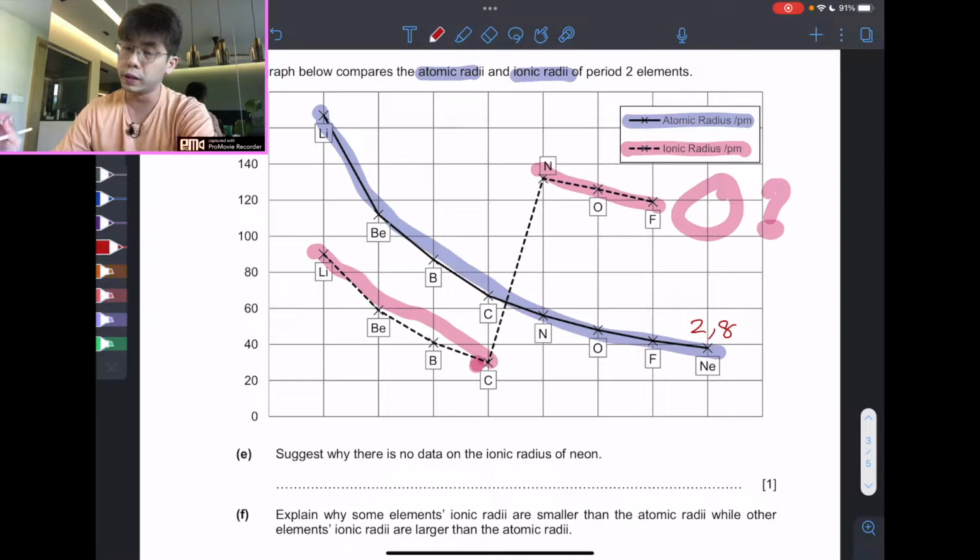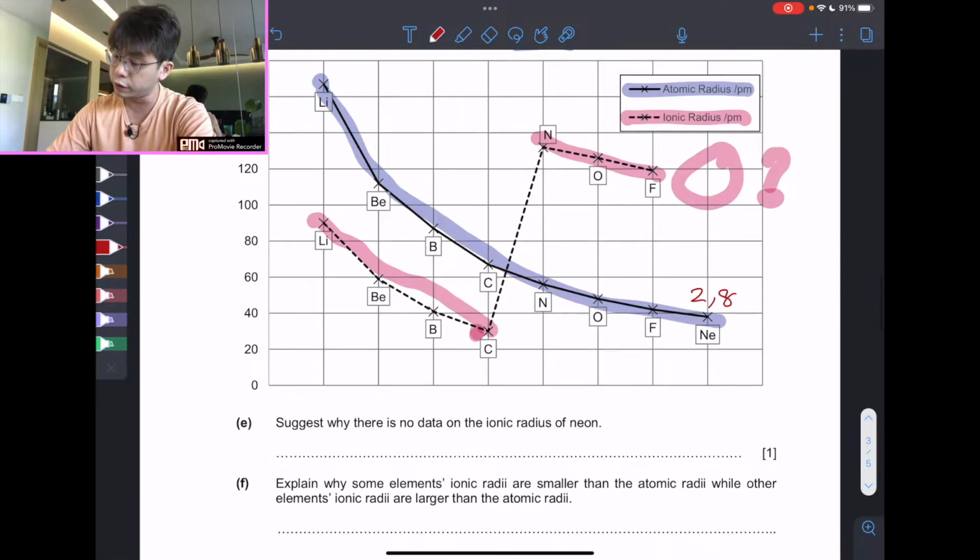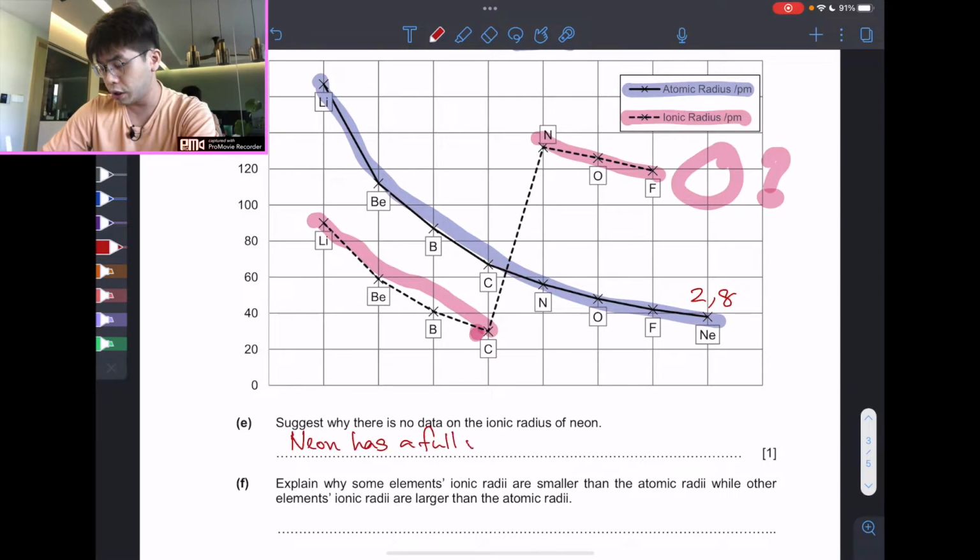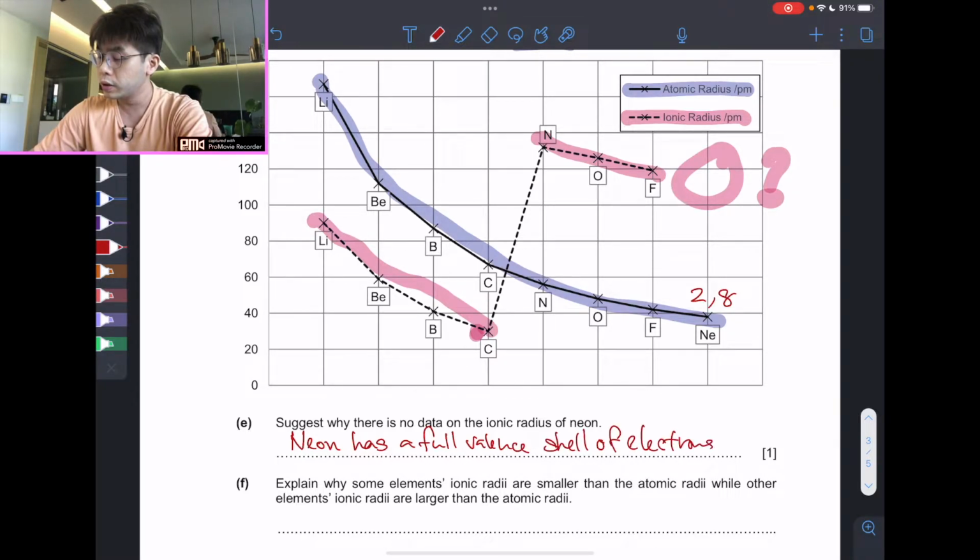So when there's already a full valence shell of electrons, neon cannot lose or gain electrons. So the reason there's no data for the ionic radius of neon is because neon has a full valence shell of electrons, and does not form ions.